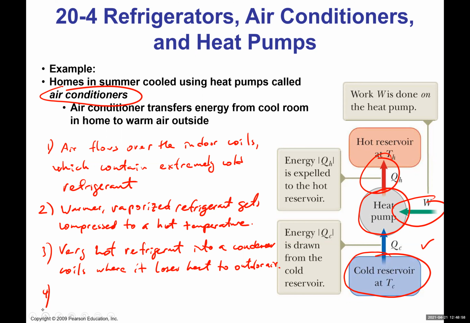That means there's still another condenser that will cool down the refrigerant. Okay, the warm refrigerant then goes from the outdoor unit to the inside unit, basically to get cold.